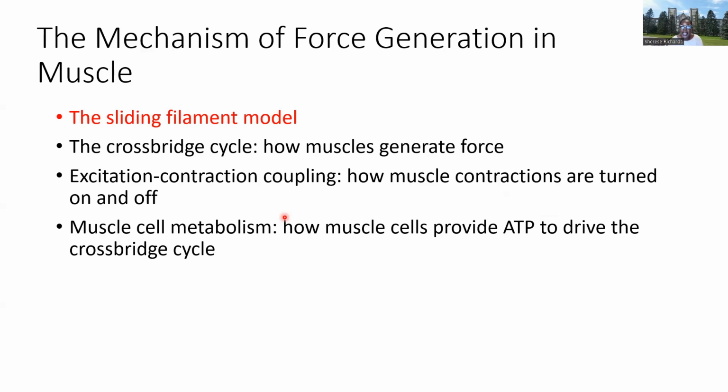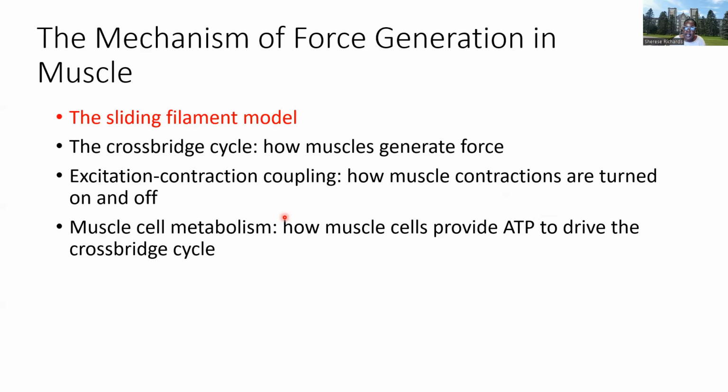But when we first began studying muscle, we had a model, we had a theory of how muscle contracted based upon those staining patterns that we saw in the relaxed state of muscle, and then the staining patterns that we saw in the contracted state of muscle. But no one has actually ever seen this contractile process take place. So for that reason, we call it a sliding filament model.